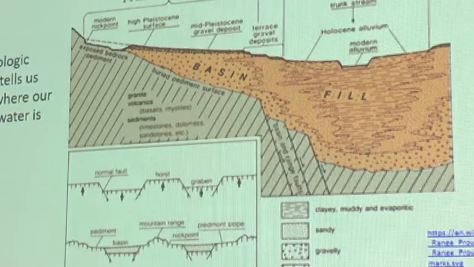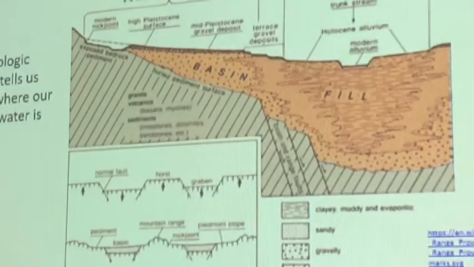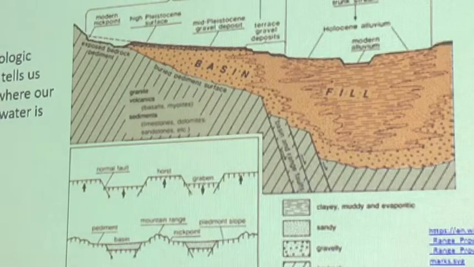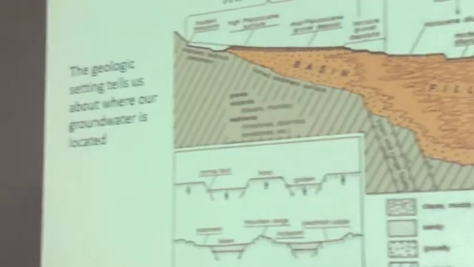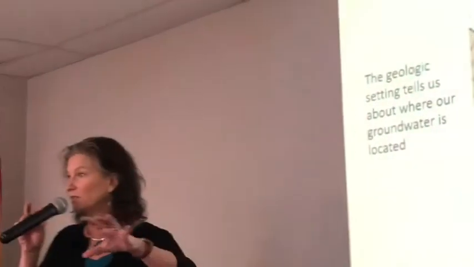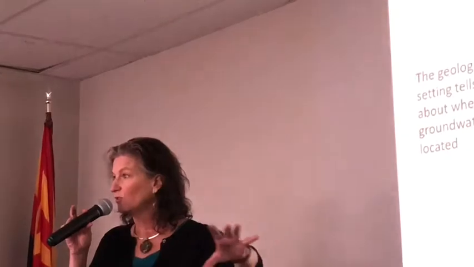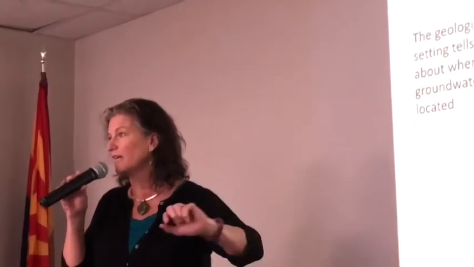So when you look across from one mountain range to the next, you're looking across a very deep level of alluvium. Over time, the water goes across the surface, goes into the ground, and fills up that alluvium. So it fills up between all the little sand particles. And that's where we get our groundwater.